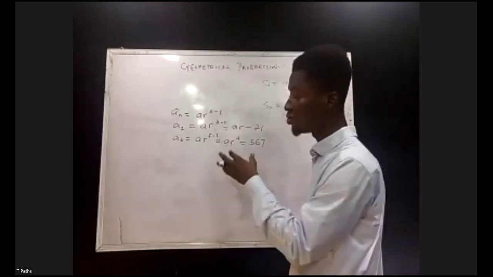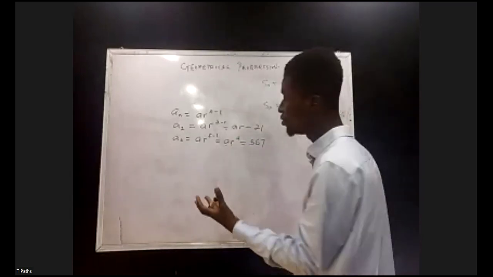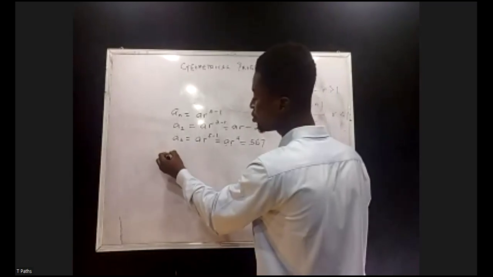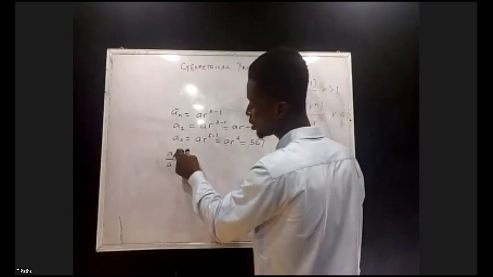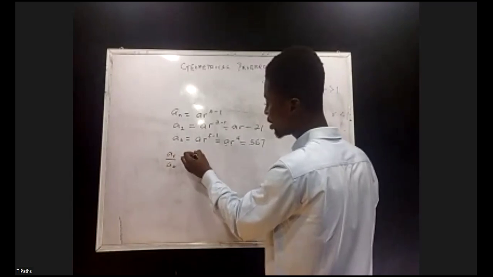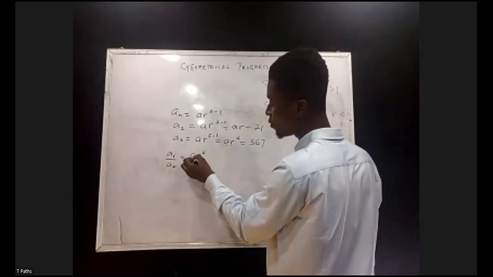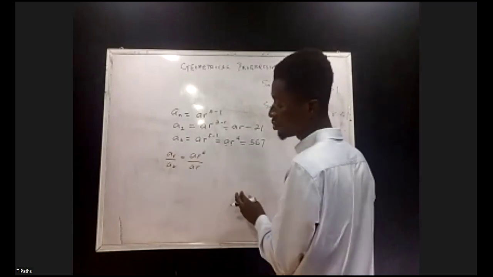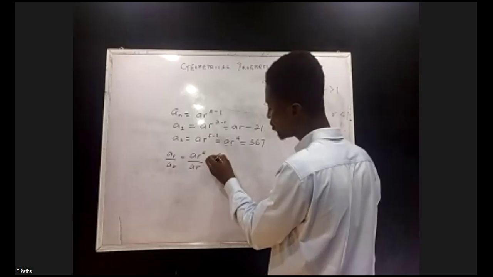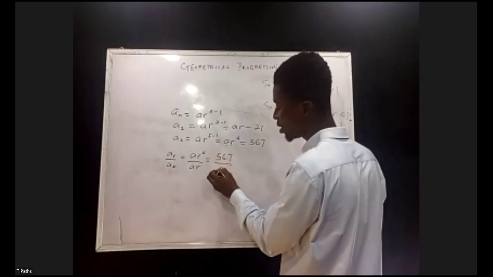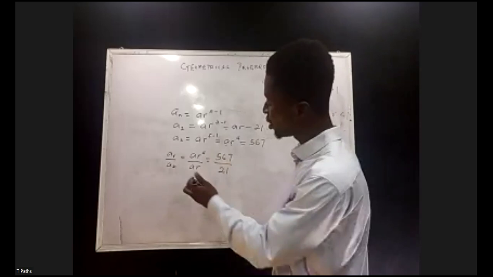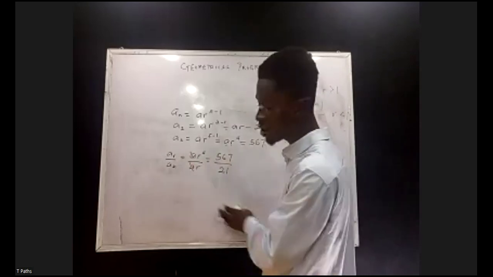Now, how can we get this? You simply divide. Do you get it now? We do A5, which is the fifth term, over the second term, which is equal to a r raised to power 4 over a r, which is equal to 567 divided by 21. Now we can see we can cancel out our a.